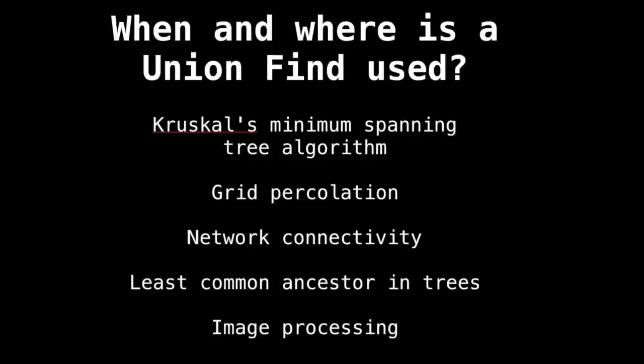Then the union find lets us do that efficiently by merging together paths. Also, a similar kind of problem in network connectivity: are two vertices in a graph connected to each other through a series of edges. And also, perhaps in some more advanced examples like the least common ancestor in a tree, and also in image processing.